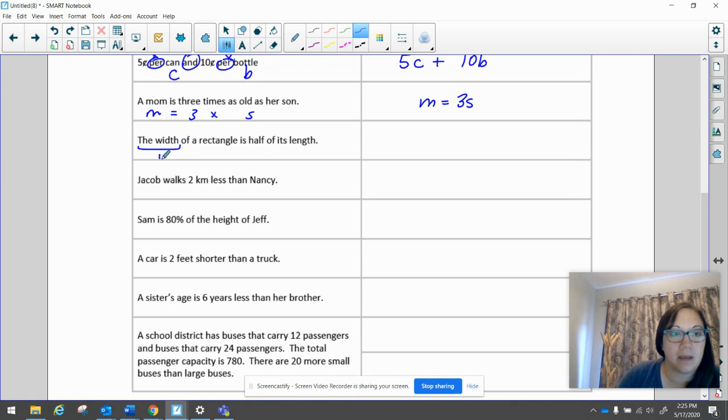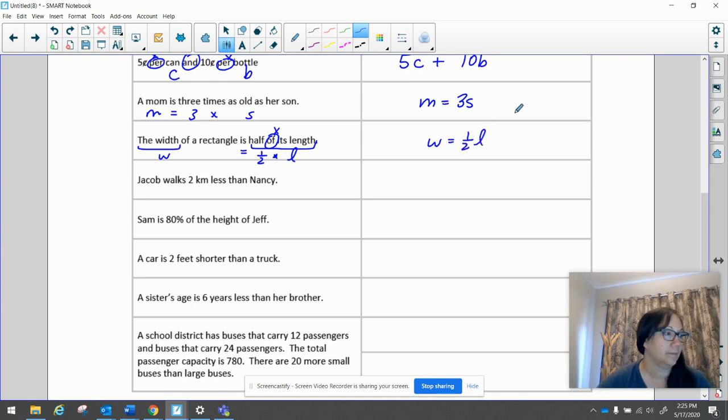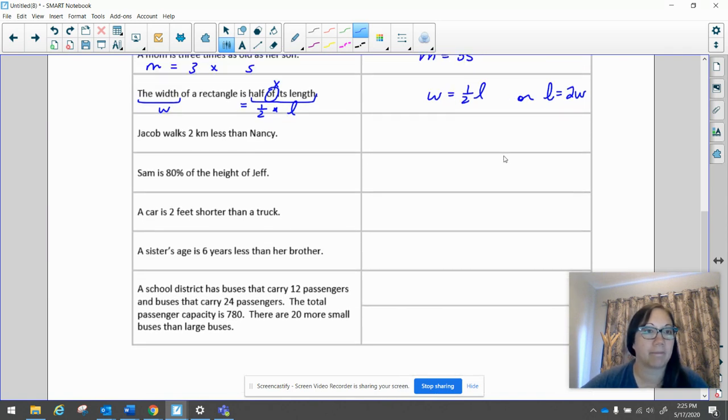So the width is half of its length. Half, so of means times its length. So the width is half times L. You could also say that the length is twice the width. That's another way of phrasing that one.